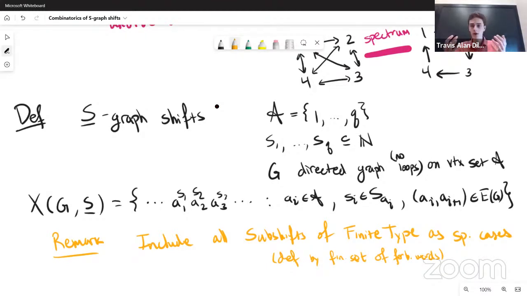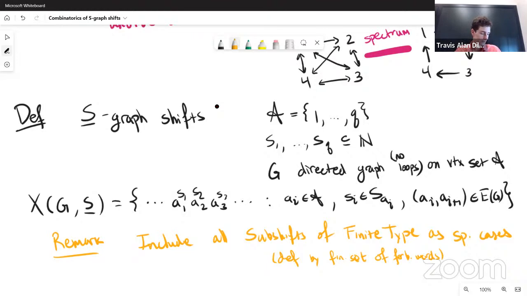And one of the other really nice things about it is once you start phrasing it in terms of graph theory, you can use techniques from that area to really analyze these shift spaces. And so it turns out by phrasing these in terms of graph theory and really pulling from that area, we can get a formula for the entropy of all S graph shifts. Whereas if you're just thinking about it in terms of how do you encode the strings, how do you write them down, and so on, it's harder to get it even for the special case of say unordered S limited shifts.